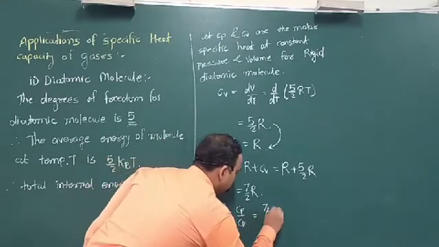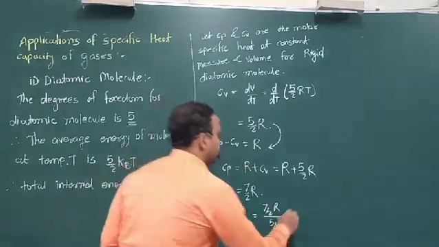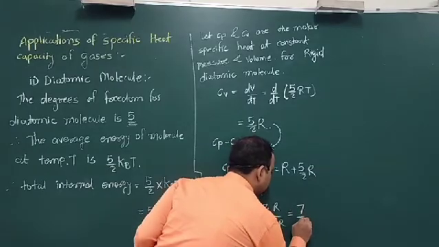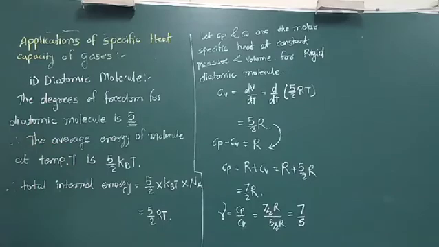So 7 by 2 R upon 5 by 2 R, so we get 7 by 5. This is the ratio of molar specific heat for a diatomic rigid molecule.